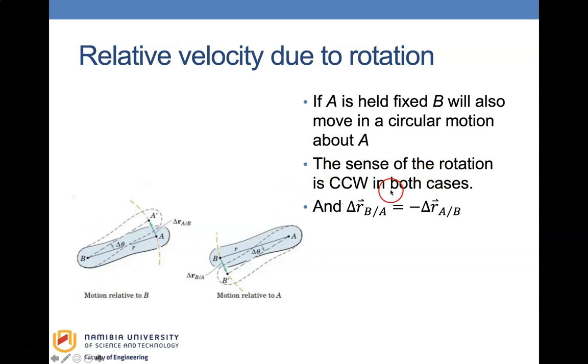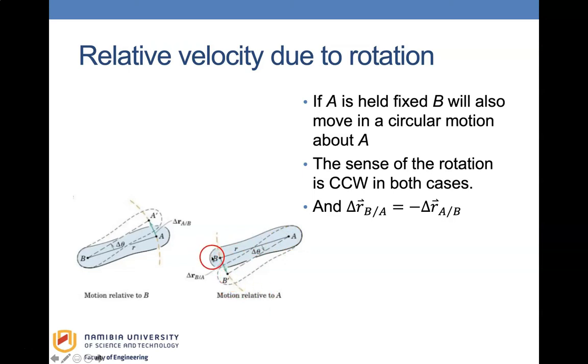The sense of the rotation here is counterclockwise. So if we hold A fixed and you move B, it will still be in the counterclockwise direction.